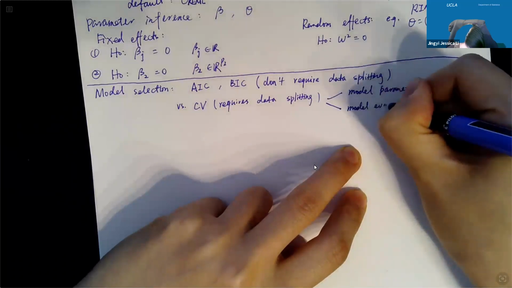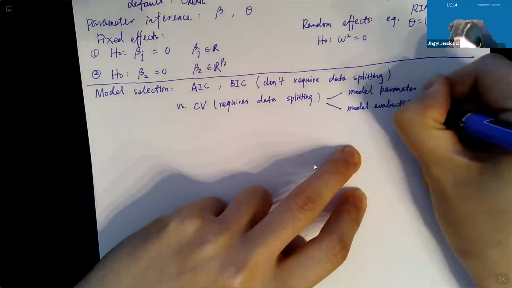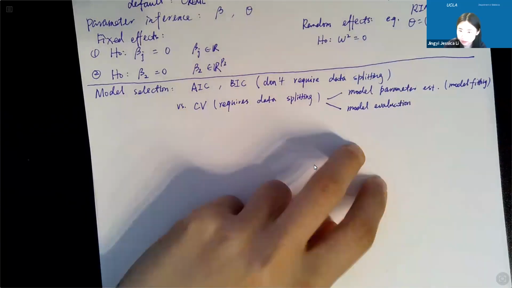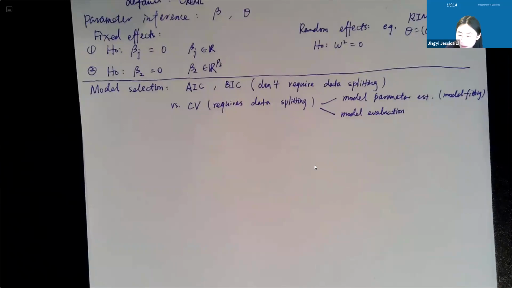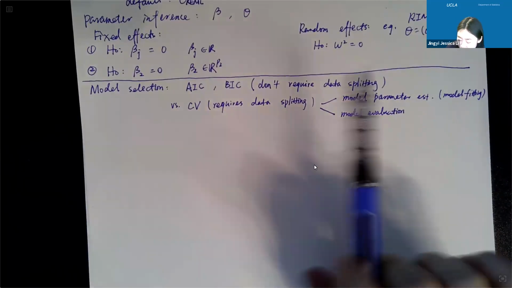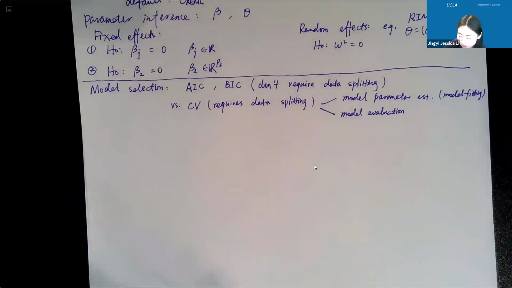The reason for doing that is we can avoid model overfitting. Because if we use the same data twice, it is no doubt that the more complex model that has more parameters can fit the data, the training data, or sort of like the training data.